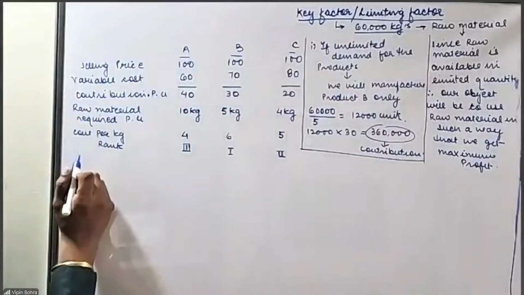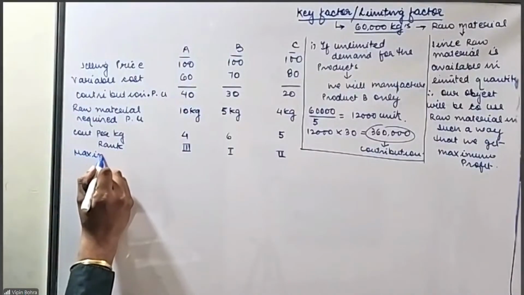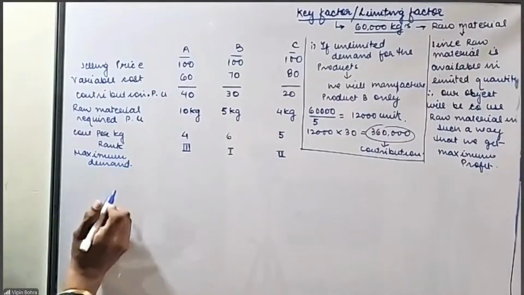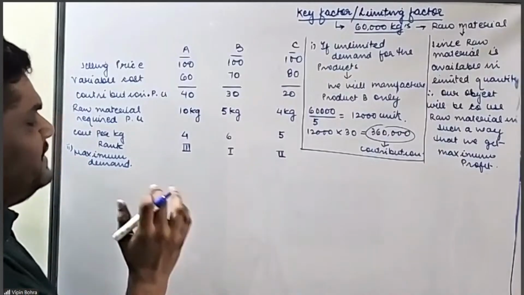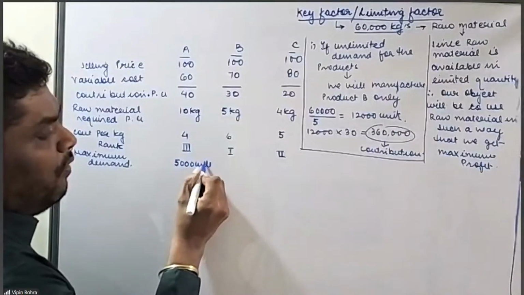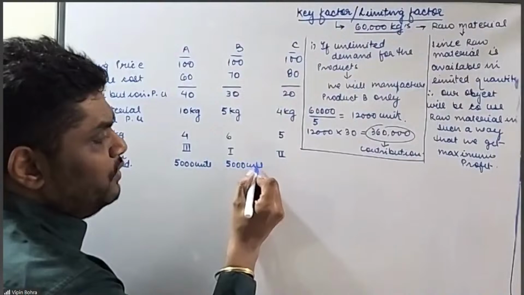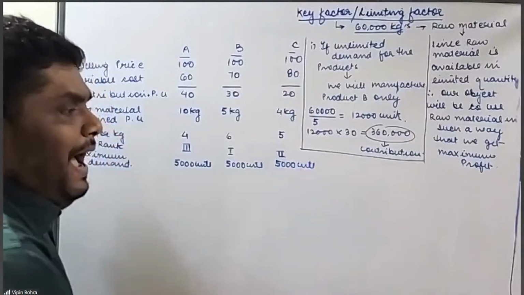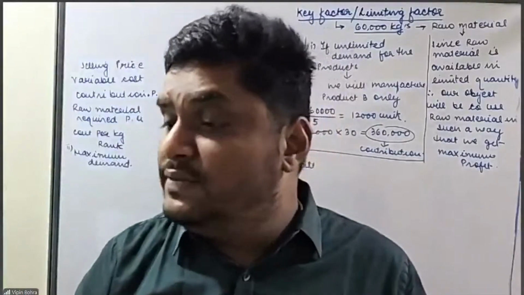Now let's take the second situation, wherein there is a limited demand. Let's say there is a maximum demand of 5,000 units only. We can manufacture and sell only 5,000 units of a particular product. You cannot sell more than 5,000 units. The maximum demand is for what?